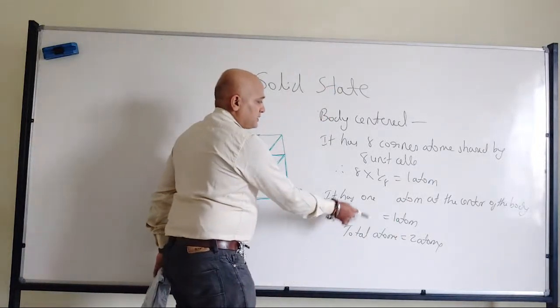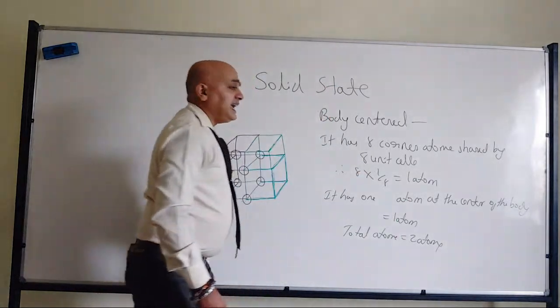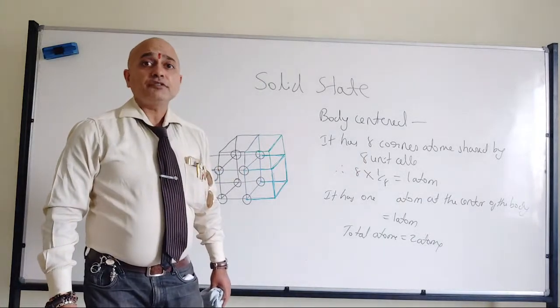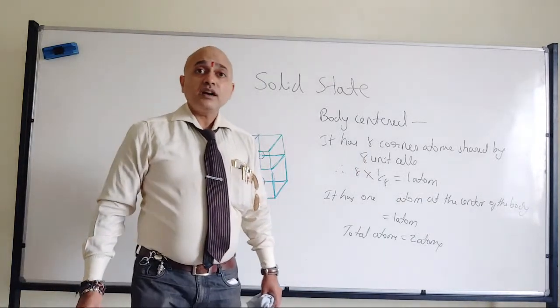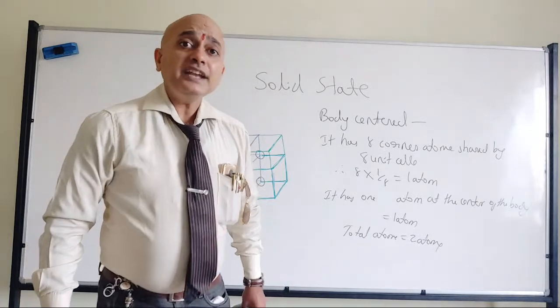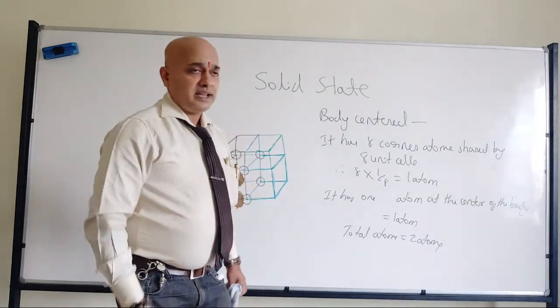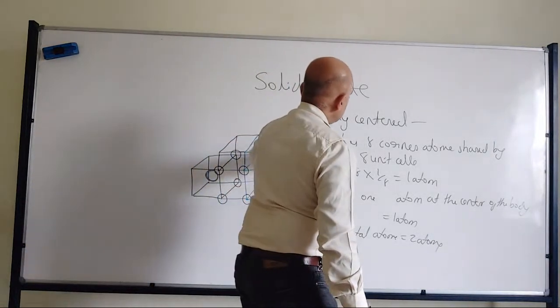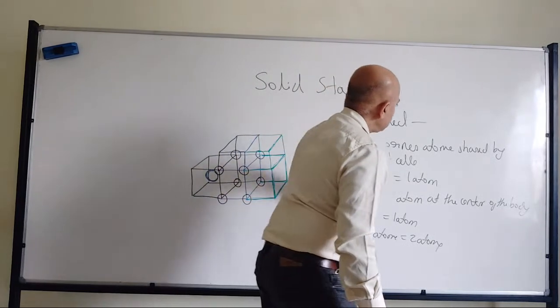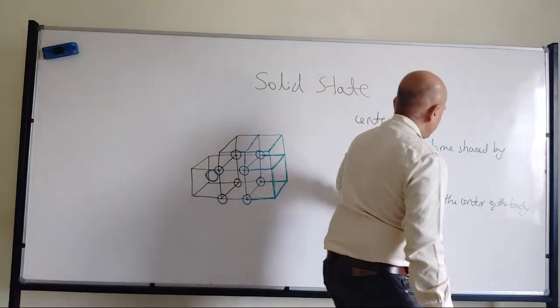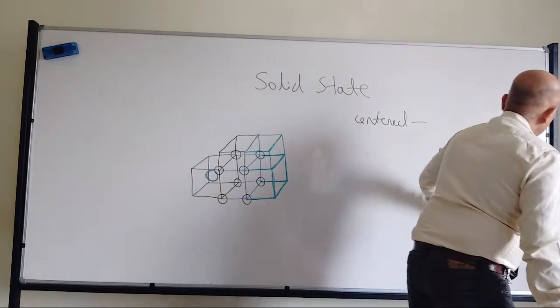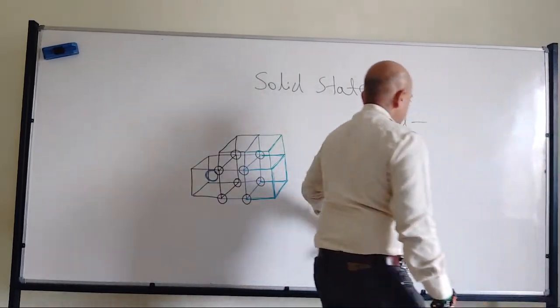Here you should tell why 8 into 1 by 8. You should give the reason. That is because that will be shared by 8 unit cells. Therefore 8 into 1 by 8. Okay? So that is related to body centered unit cells.